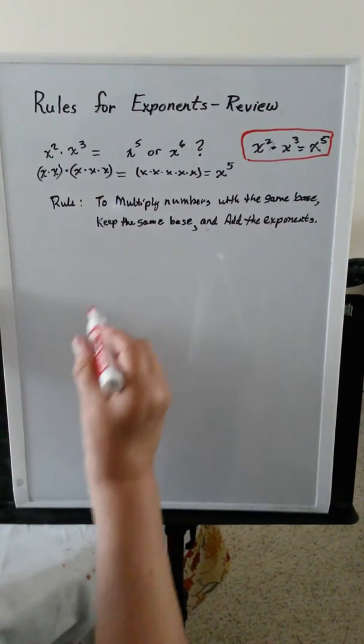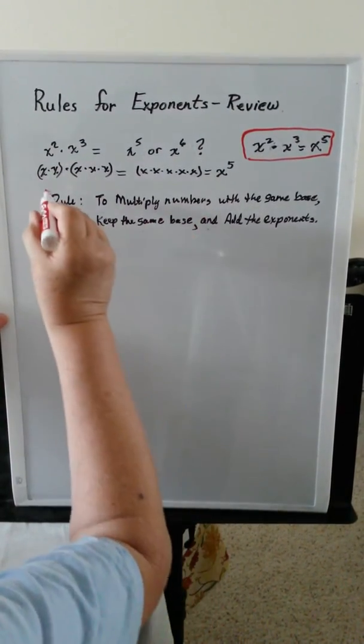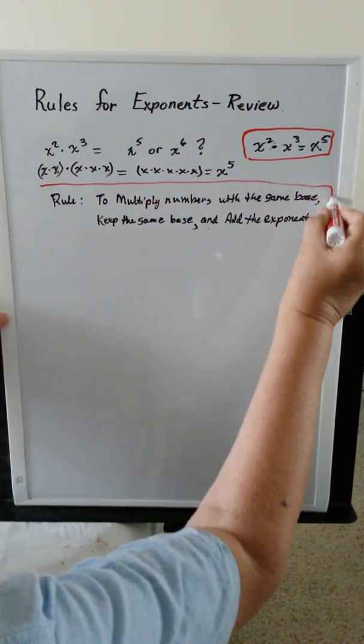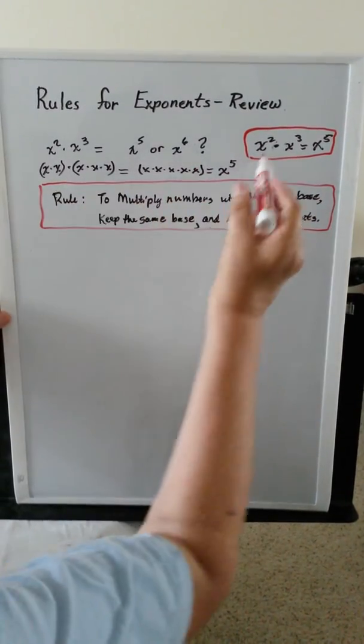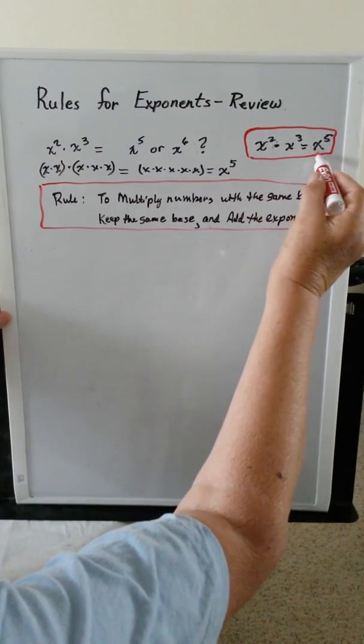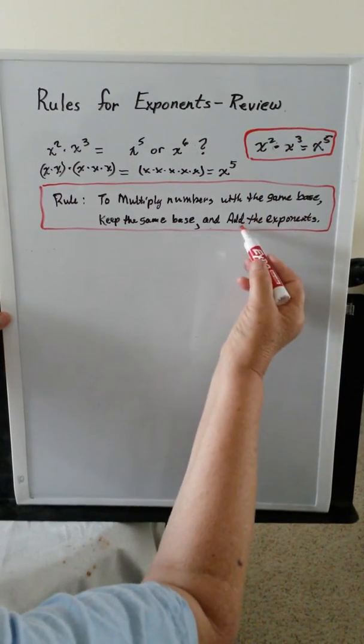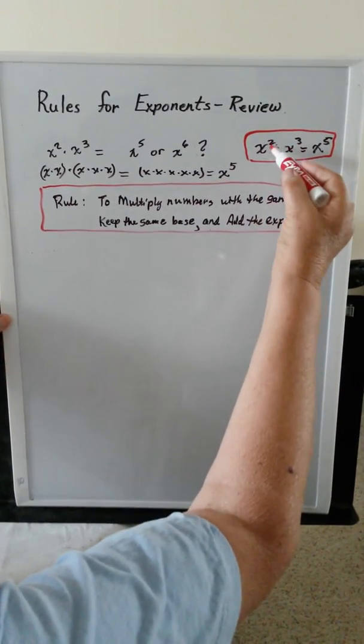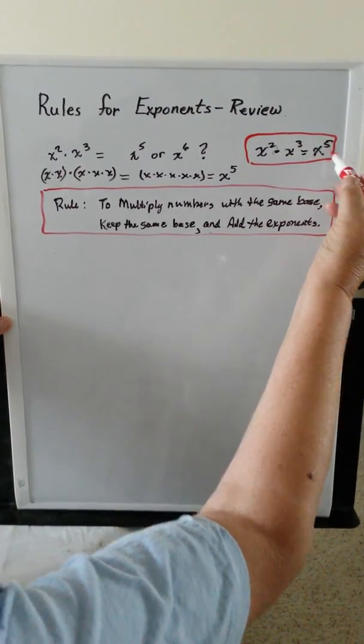So the rule is to multiply numbers with the same base, you keep that same base. Notice the x was the same and it stayed x. And then you add only the exponents. The 2 plus 3 gives 5.